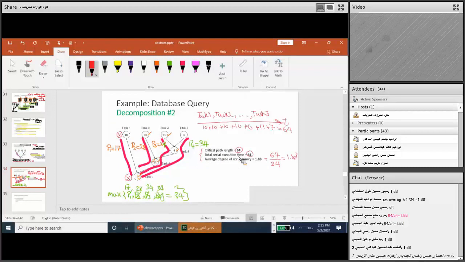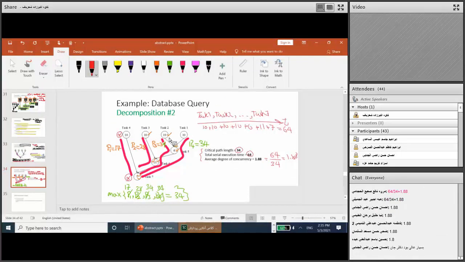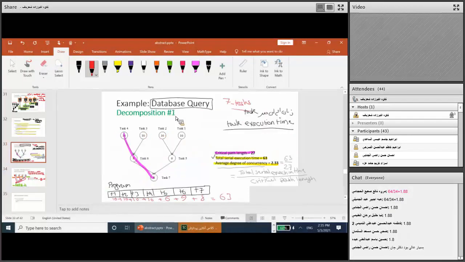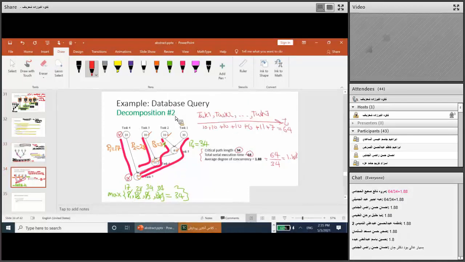Could you tell me which decomposition is better, the first or the second, and why?